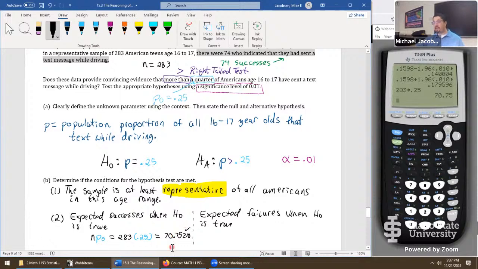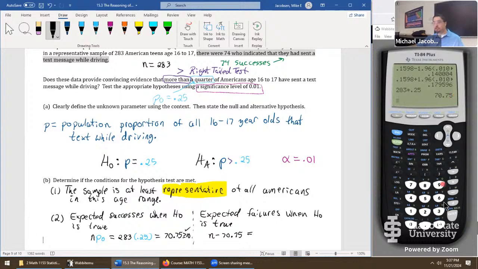That means we're probably okay on the expected failures. There's more failures on this one. It's going to be, let's go with this formula, n minus 70.75. This is probably the more sensible way to do this kind of calculation without getting mixed up in a whole separate formula. It's the observation that the expected successes plus the expected failures have to total back to the whole sample size.